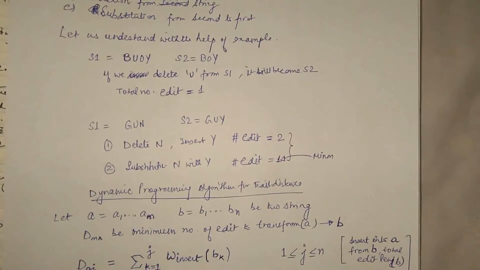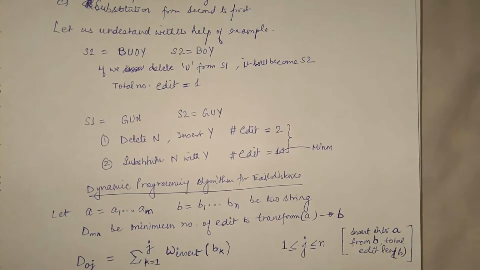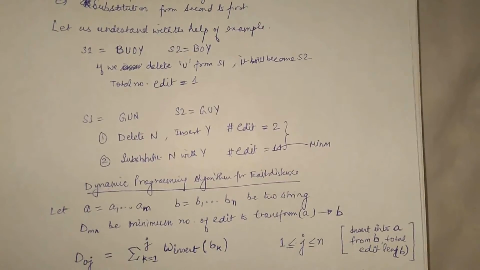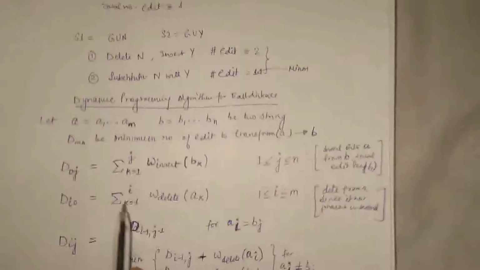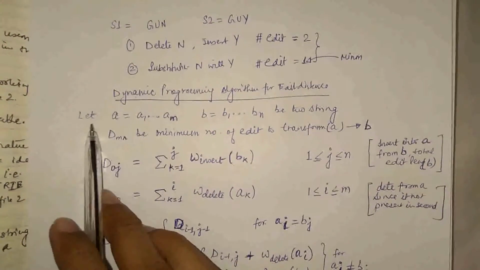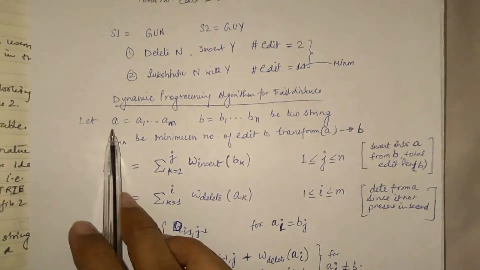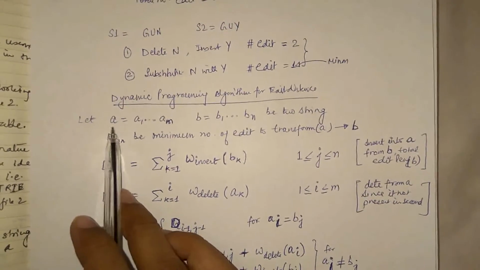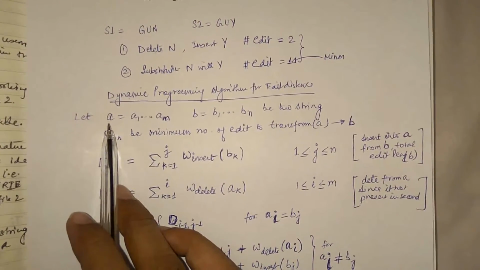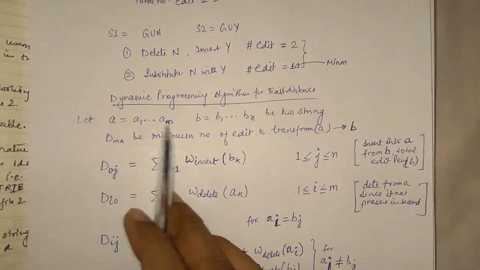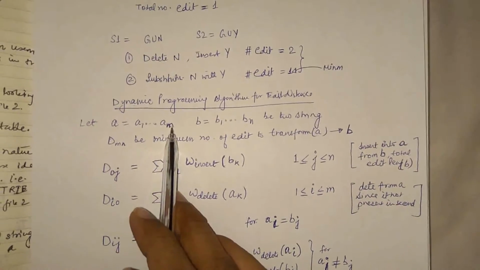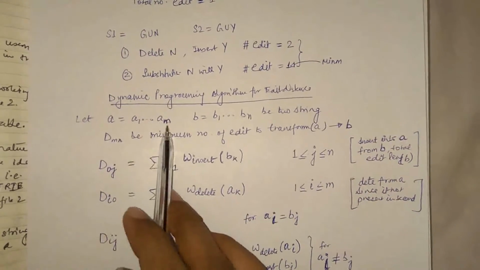Now how do we make a recurrence relation for this? How do we proceed? So let us start. Suppose we have a first string, we are denoting it by A. It is from A1 till AM. These are the characters of the string, from A1 till AM.